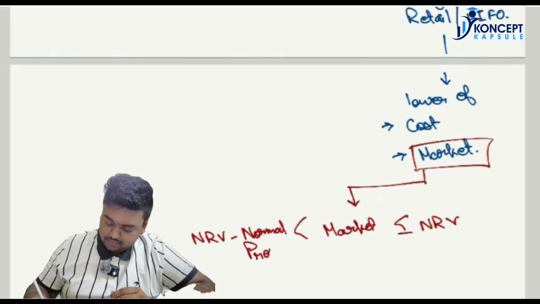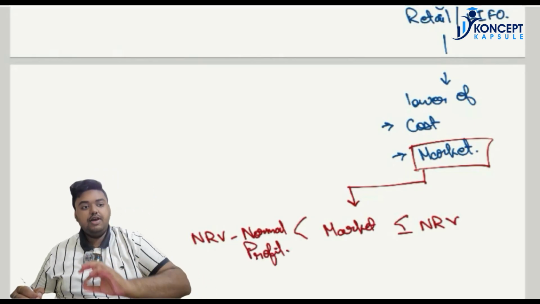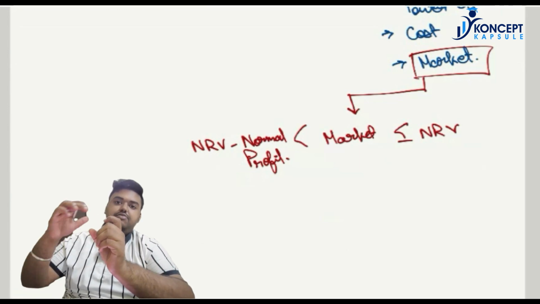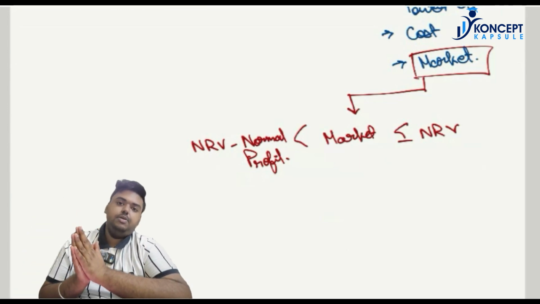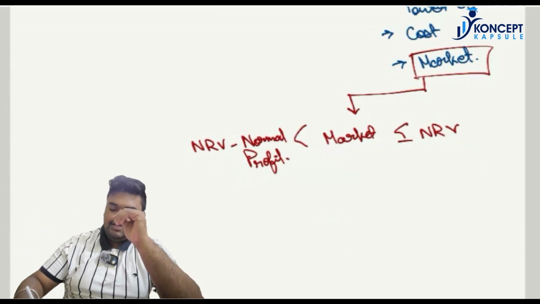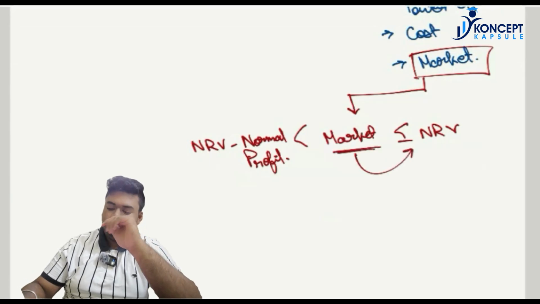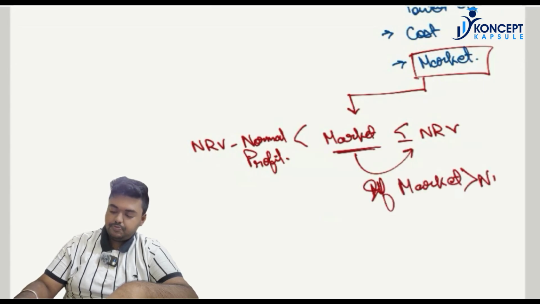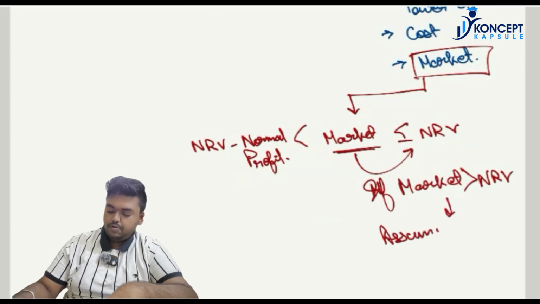Guys, this is something we have to be very clear with. Market will be within the range of NRV minus the normal profit margin, or the NRV. In case market is greater than NRV, then we will assume market is equal to NRV.